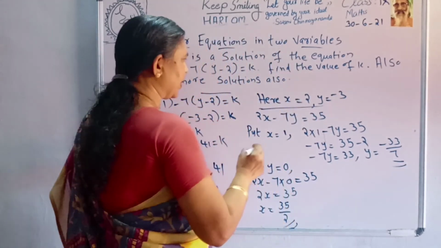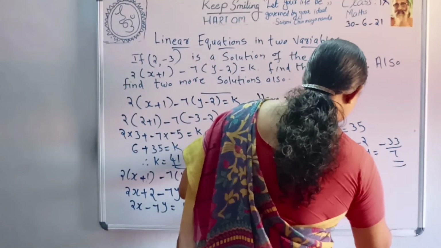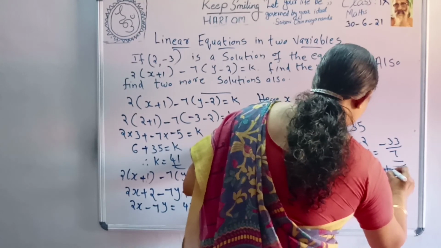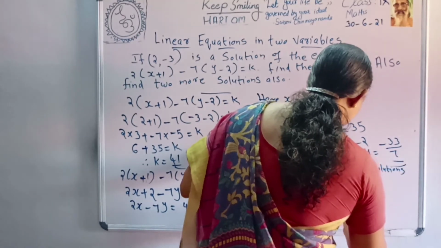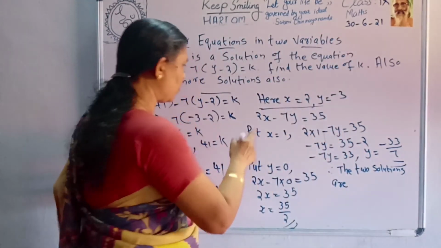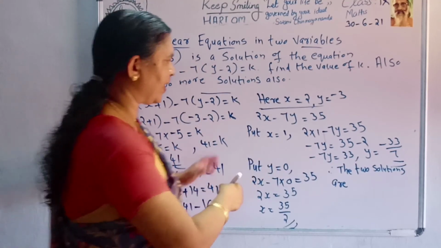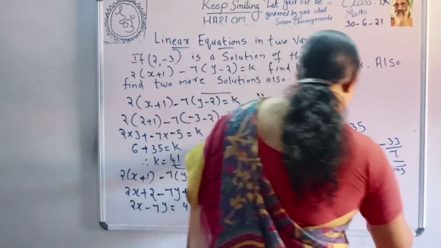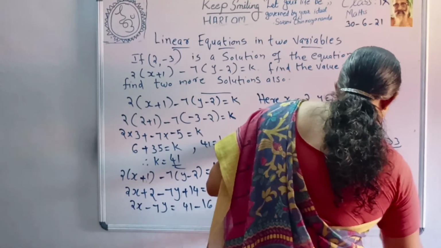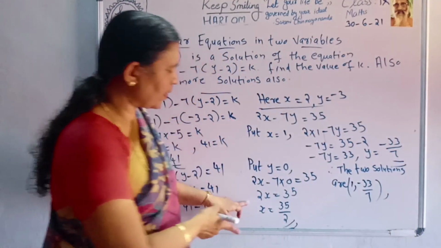Therefore, the two solutions are, what is the first solution? We put here x is equal to 1 and y is equal to minus 33 by 7. Then 1 comma minus 33 by 7, and the second solution is y is equal to 0 and x is equal to 35 by 2.